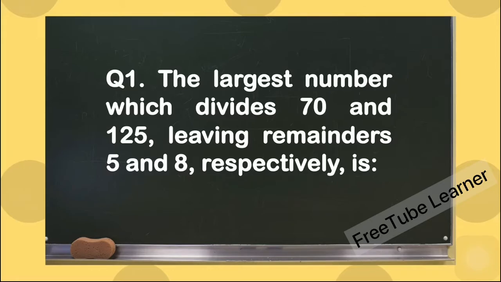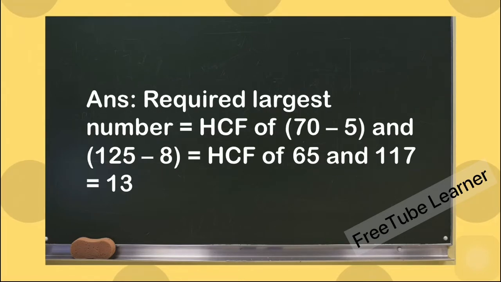One more thing mentioned in the question is the largest number which divides 70 and leaves a remainder 5, and the same number will divide 125 and leaves a remainder 8, which means we have to find HCF of 70 minus 5 and 125 minus 8. Answer is HCF of 65 and 117, which is equal to 13.